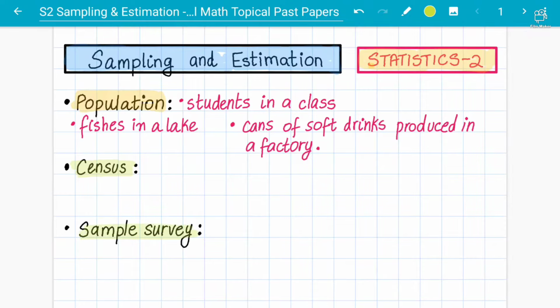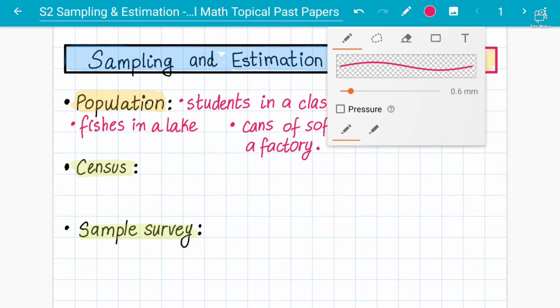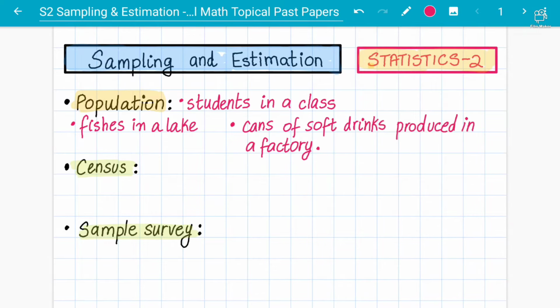Census is the common term used in real English. In a census, every member of the population will be surveyed, which means it is difficult and tricky to do.